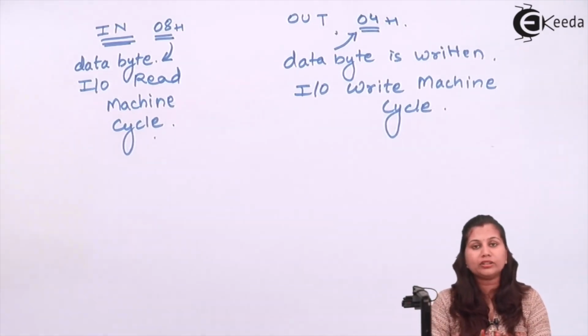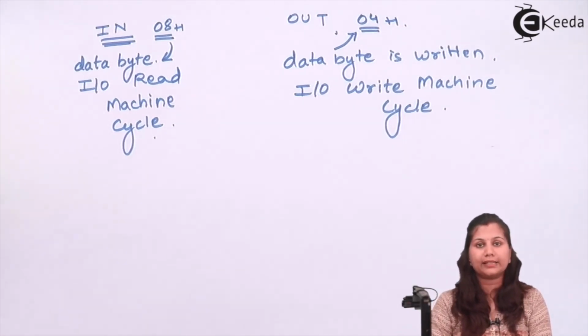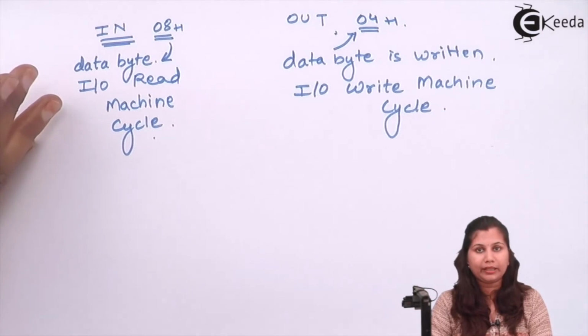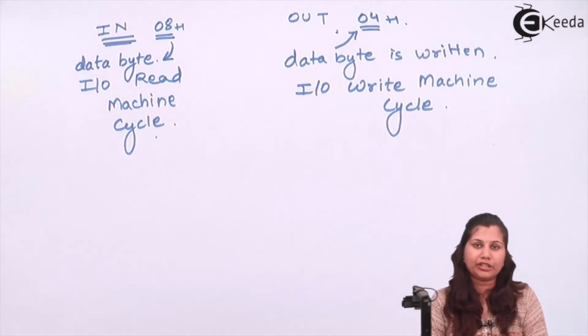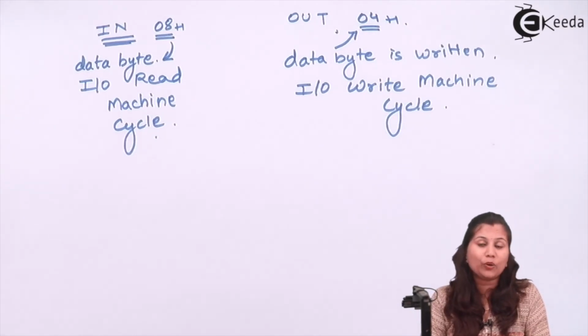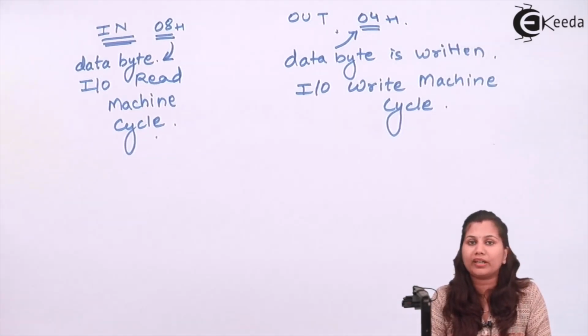Whatever the conditions of the signals and the address bus and data bus are shown in the timing diagram, and we studied the timing diagram for all the 5 machine cycles. I hope this topic is clear to you, how the instruction is executed in 8085 and the timing diagram of the various machine cycles in 8085.